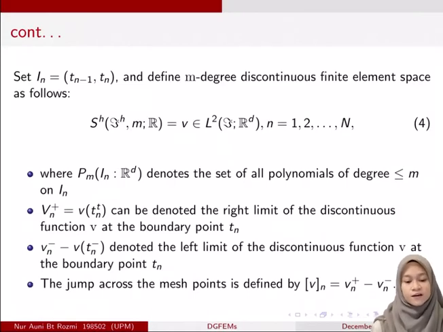We can also find the left limits of the discontinuous function v at the boundary point Tn. And lastly, we can also define the mesh point that has been obtained from the equation.